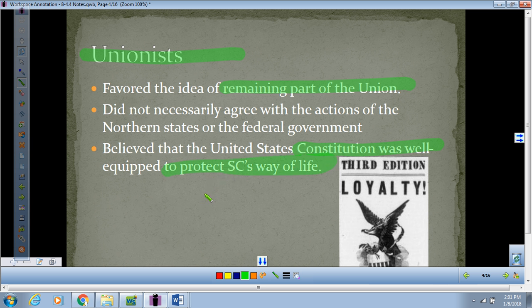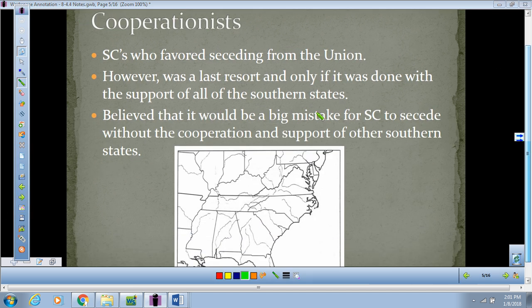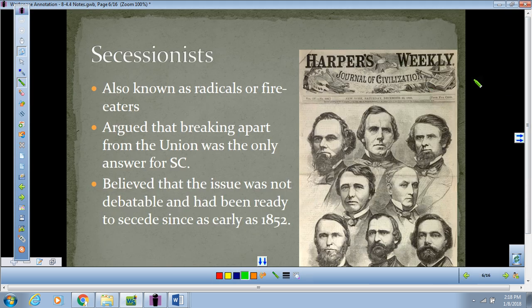The Fire Eaters would be like, oh, no, won't. Cooperationists, they were careful. Only secede if other southern states secede. Because if South Carolina secedes by itself, the North is going to send its powerful army down and blow us to bits. Secessionists, they're like, oh no, we need to secede.